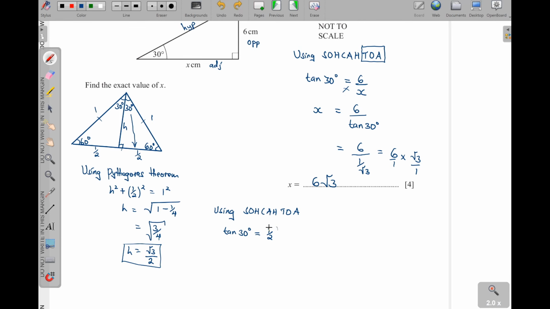So tan of 30 is going to be this half. Then we divide by the adjacent, which is h, which is actually root 3 over 2. So using the rules of fractions, we shall have 1 over 2, then times the reciprocal of the denominator here, which is going to be 2 over root of 3. Now we see that this one disappears, and then you get 1 over root of 3.